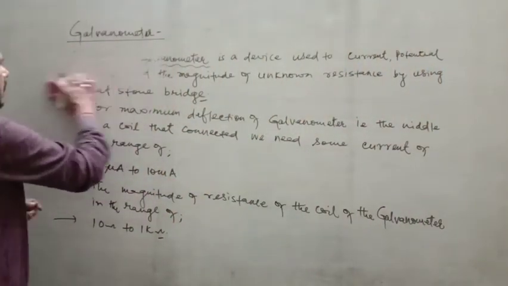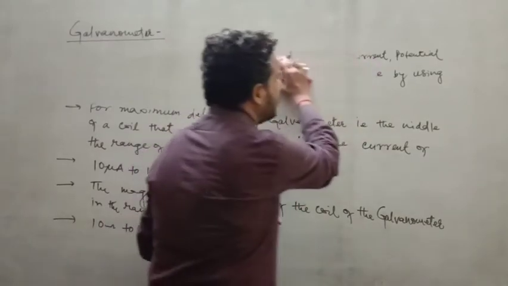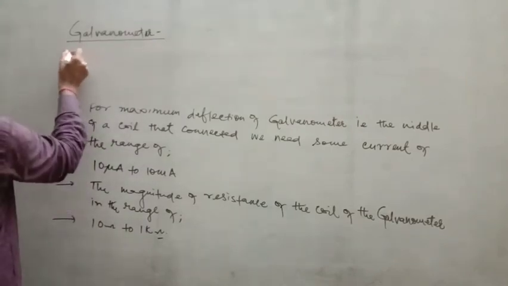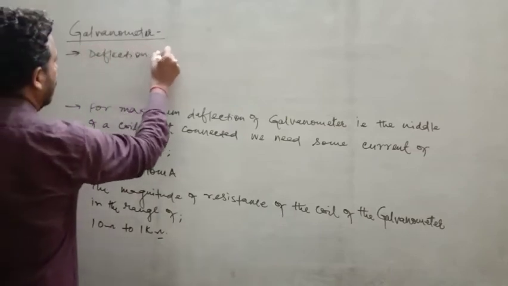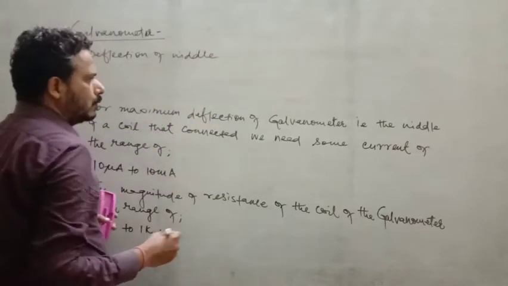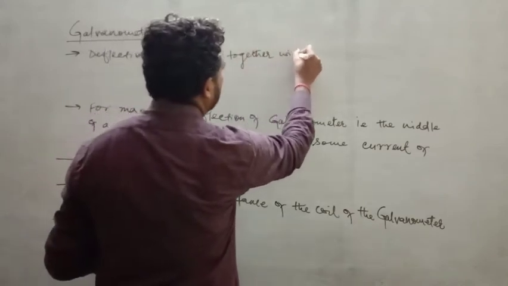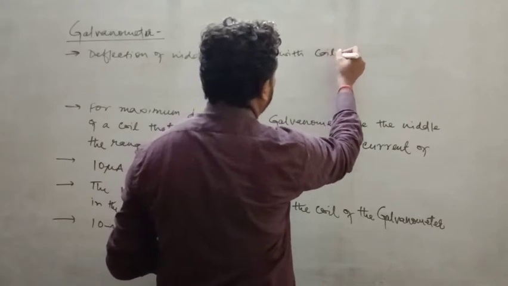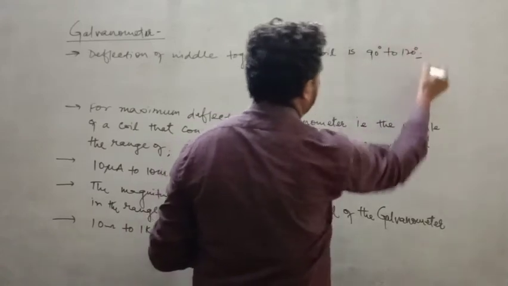You can also take this as a point: the deflection of the needle together with the coil is 90 degrees to 120 degrees.